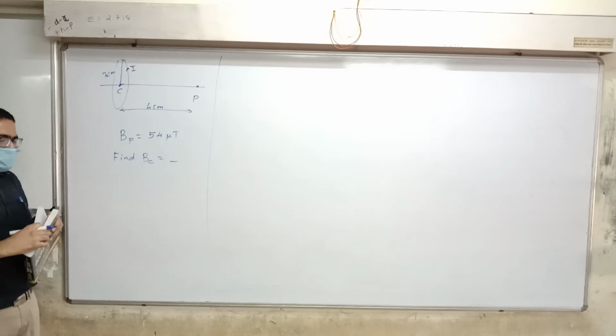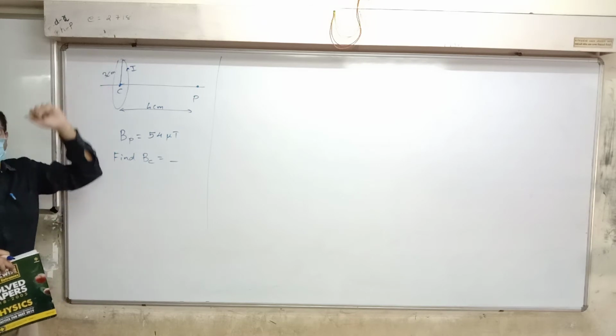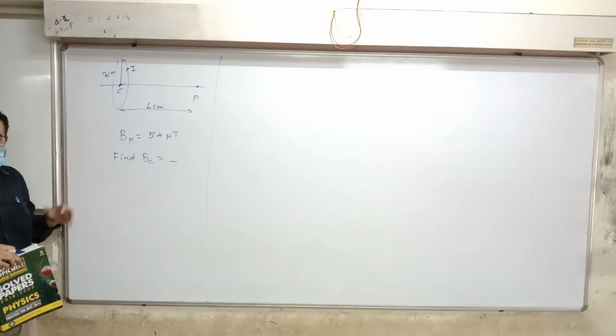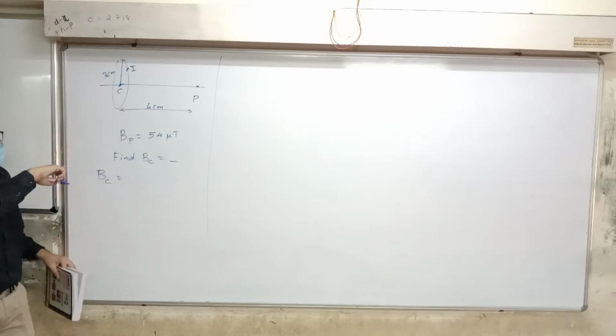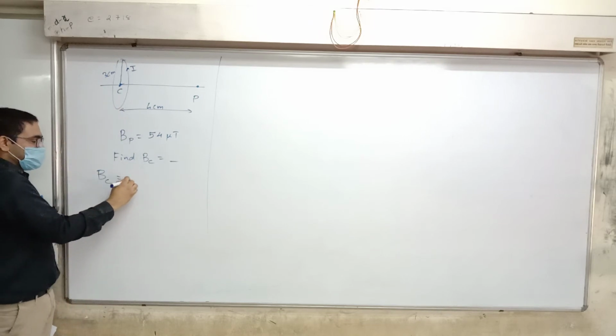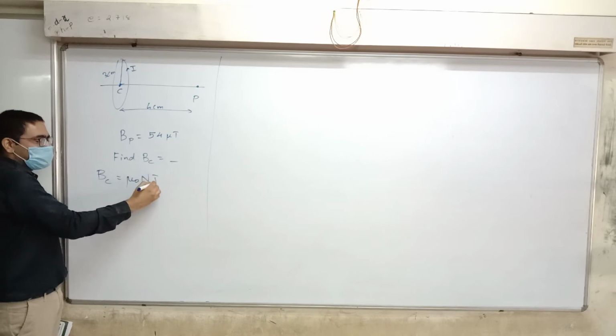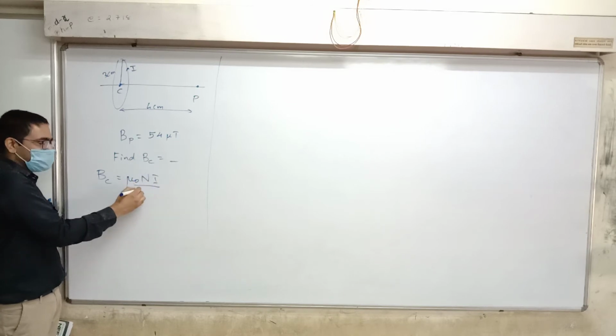We had a topic, magnetic field due to a current carrying ring. First, the magnetic field at the center of a current carrying ring has the formula mu0 n I upon 2r.